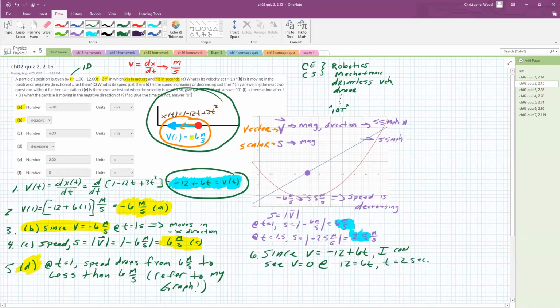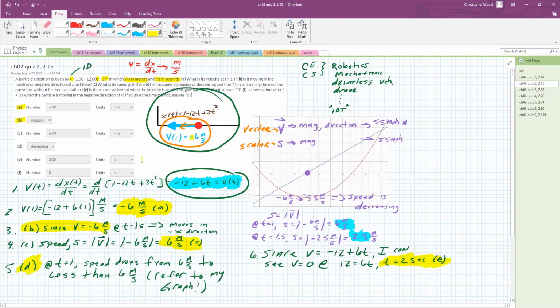So done with that. That's the answer to part E. Pretty good, pretty short and sweet. t equals 2 seconds is when the velocity equals 0. That was part D. Part E, sorry.